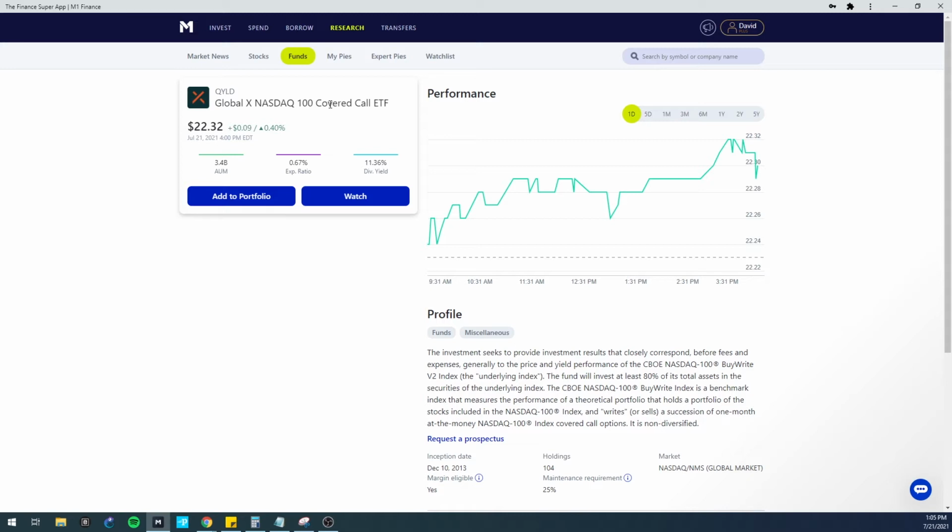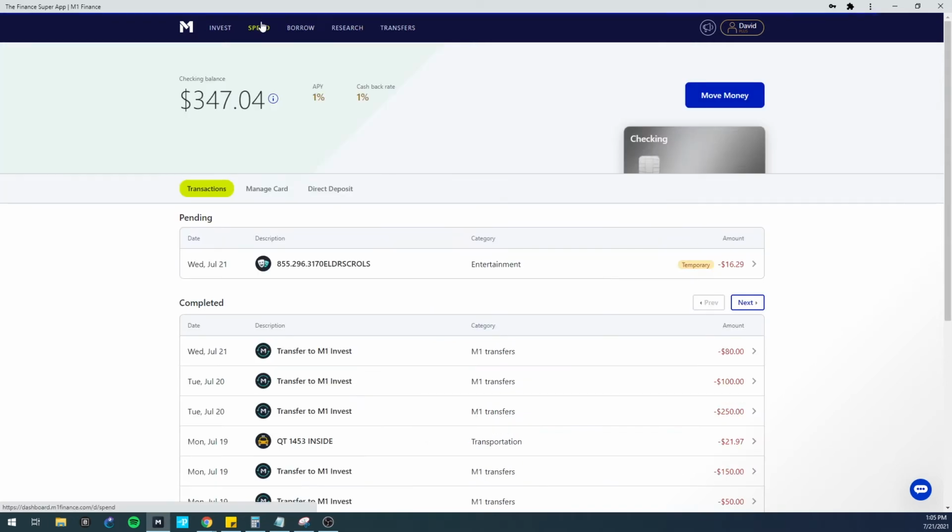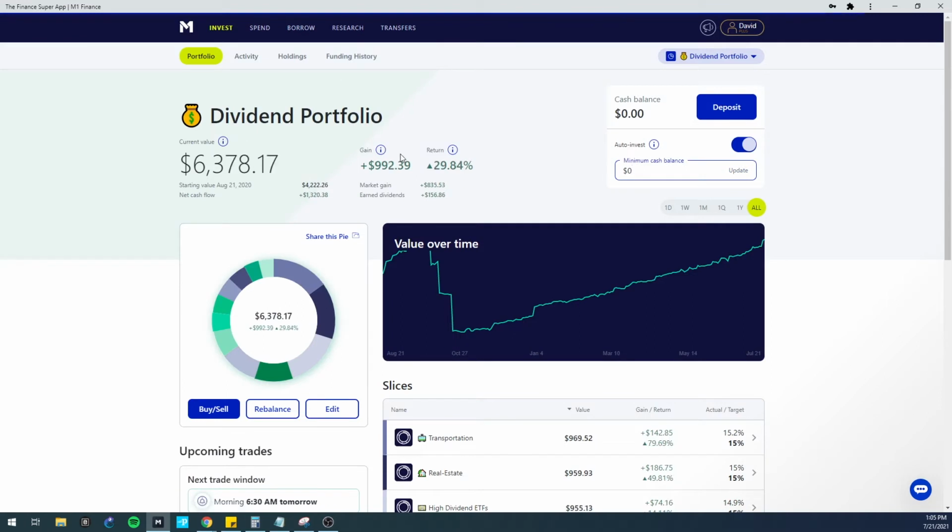So I can average down my cost basis as well as get more and more dividends and start compounding that wealth. That is one of the reasons why I consider my strategy a dividend income portfolio rather than a dividend growth.